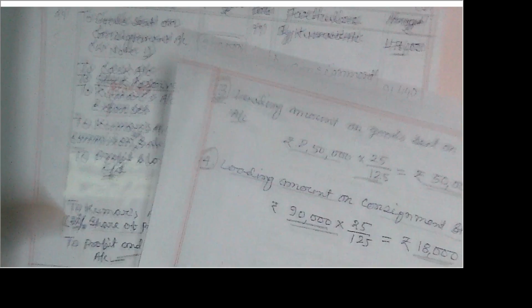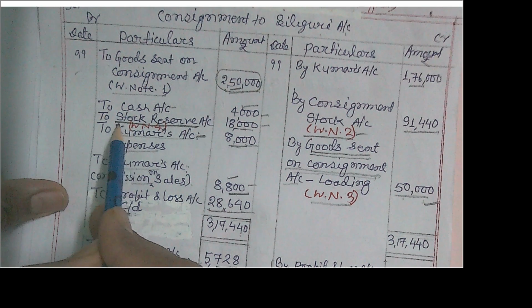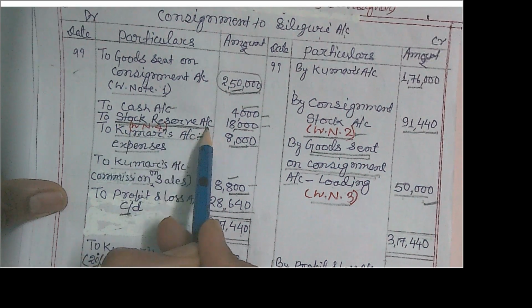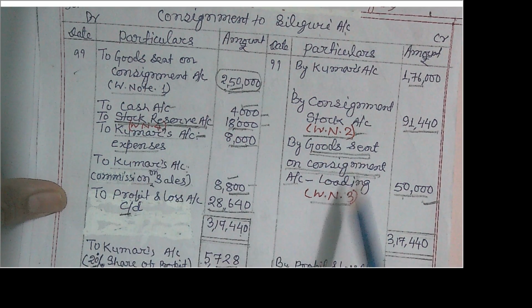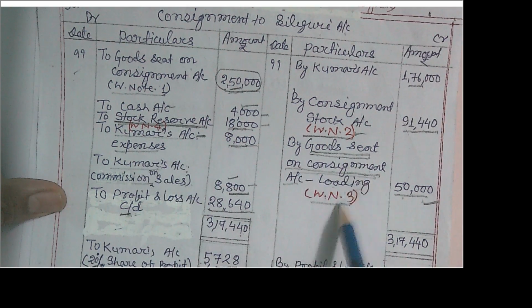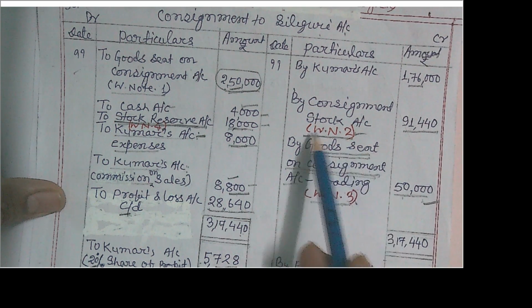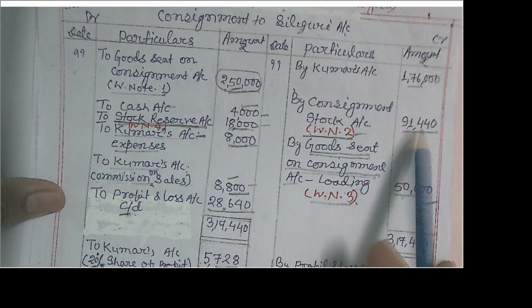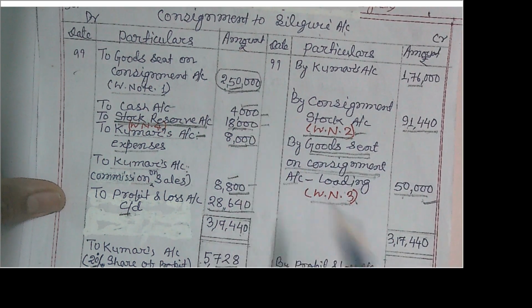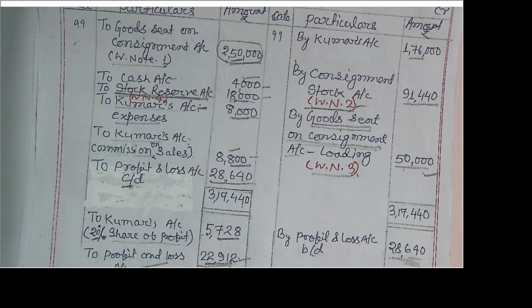You see here, in closing stock we have to show a stock reserve account. This is the stock reserve account, 18,000, working note number 4, and this is your goods sent on consignment loading, working note number 3, and this is the value of consignment stock, 91,440. Okay, so this is your consignment account.